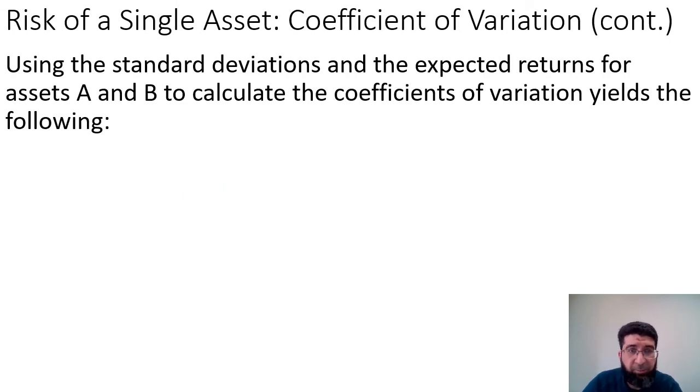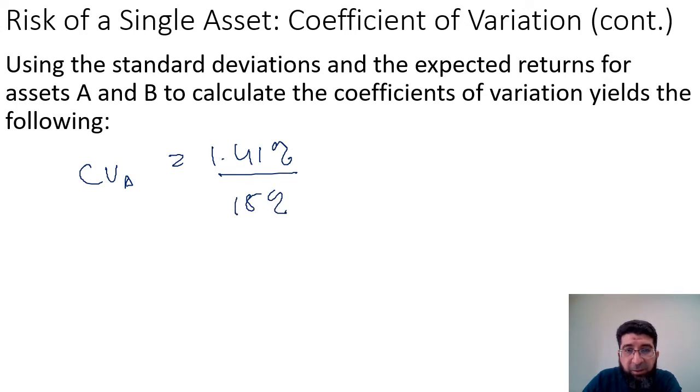Now let's do an example for this. We already have that example. Just want to calculate the coefficient of variation for A, which was 1.41%. If we divide that with 15%, the average return, we get 0.094. There are no units for this ratio.